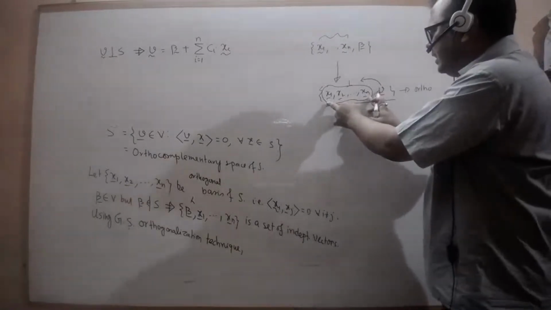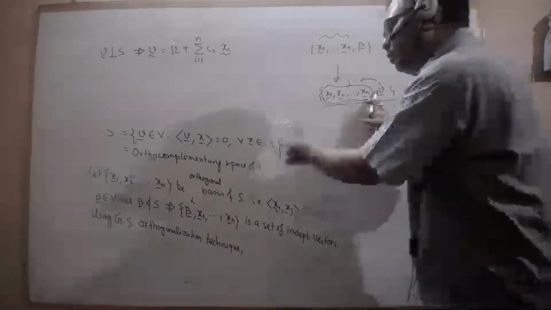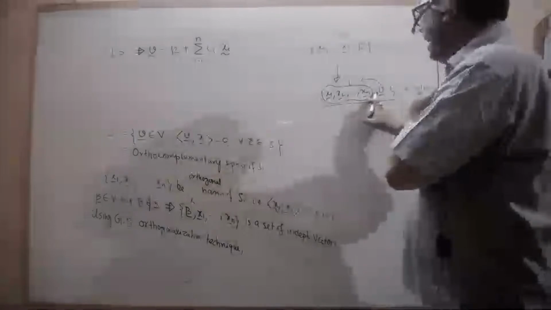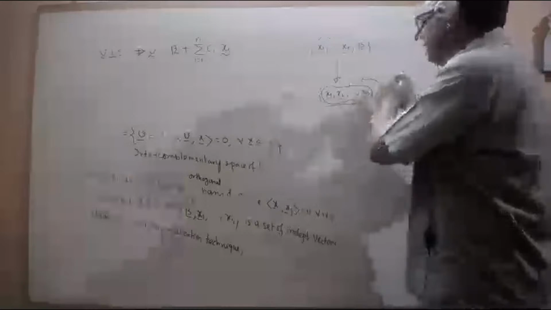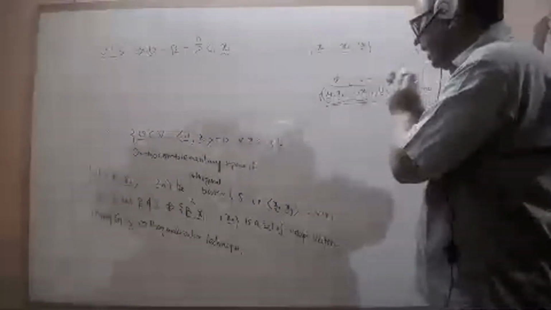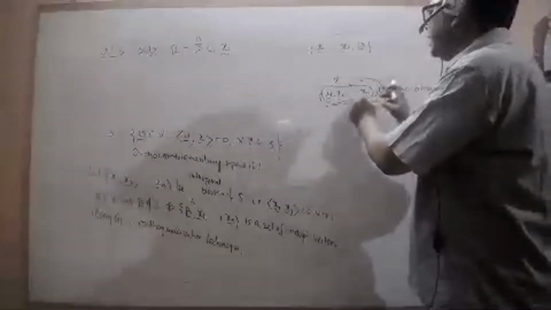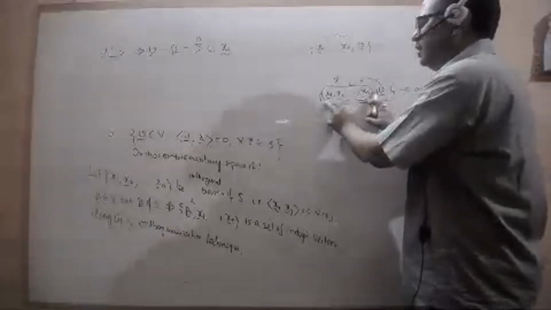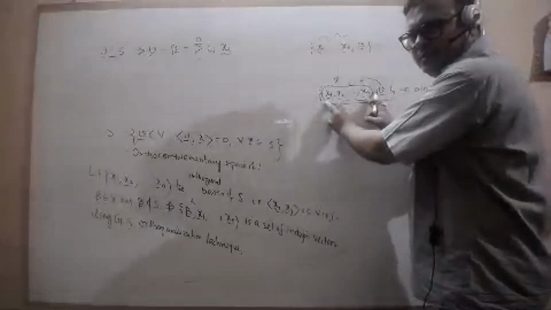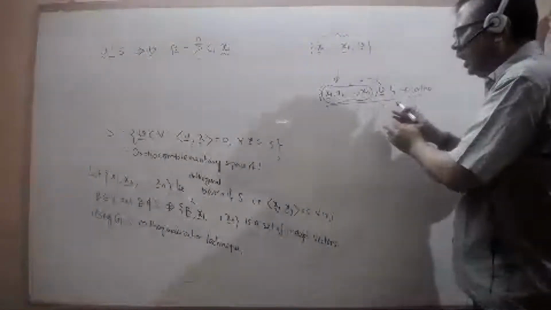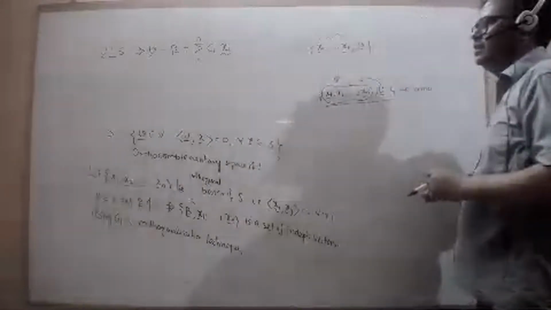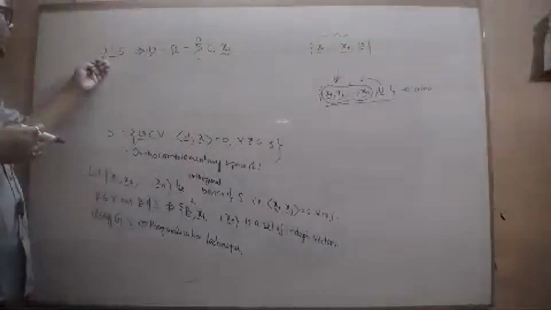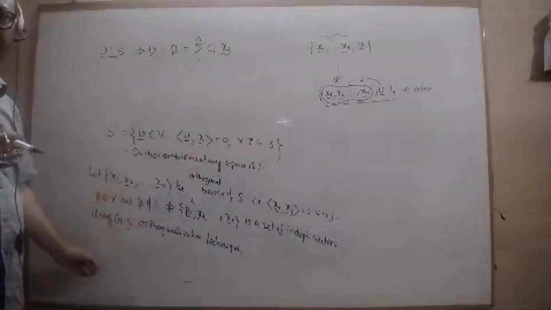Since these are a basis of S, v curve is also orthogonal to any vector which can be written as a linear combination of them. Hence v curve is orthogonal to the vector space S. So for constructing v curve, we use the Gram-Schmidt technique.